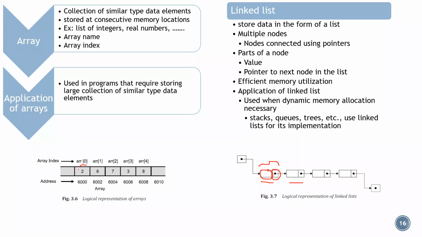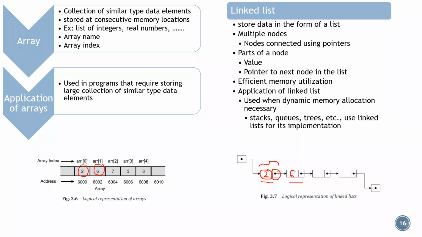So for example, here in the array, I have 2, which is the information. So 2 will be stored here. And what is the next number? It is 6, as it is represented over here. So if I want to store this in a linked list, I take 2, then 6 is stored in a new memory location.